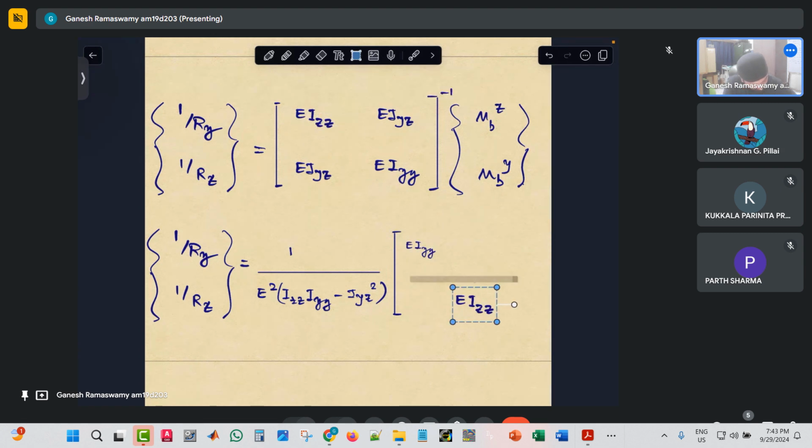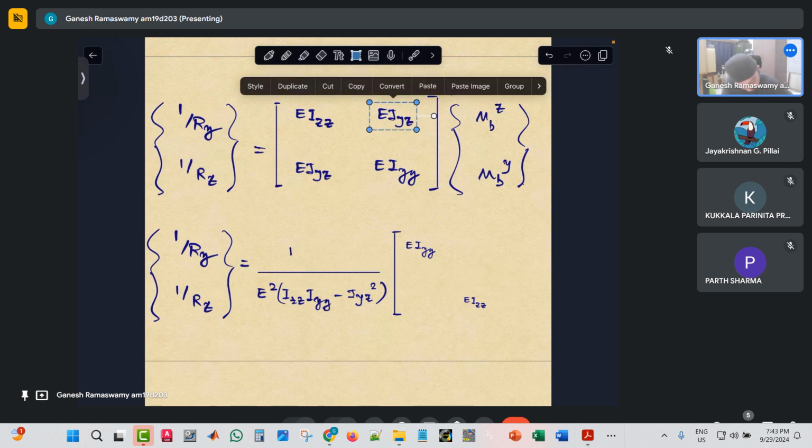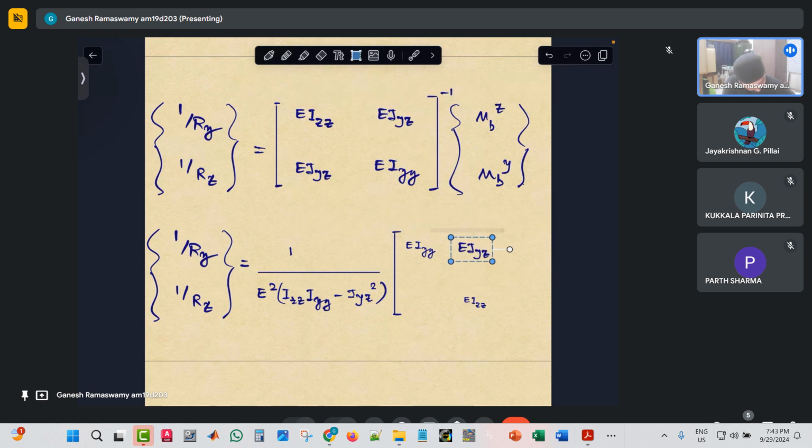This will come over there, and then this will just be negative of what it was, into this quantity.